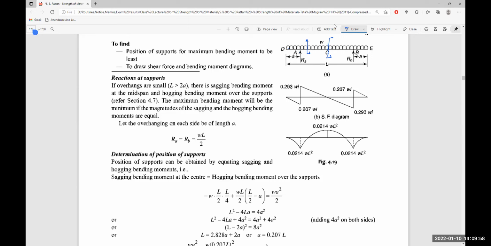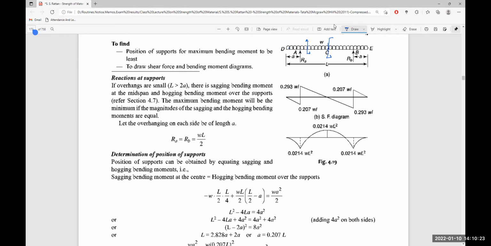So from the section C, the load wL by 2 is multiplied by the distance L by 4, which is acting at half of this length. And another force is RA, which is wL by 2, with distance L by 2 minus a, which is positive because it is creating a clockwise bending moment.